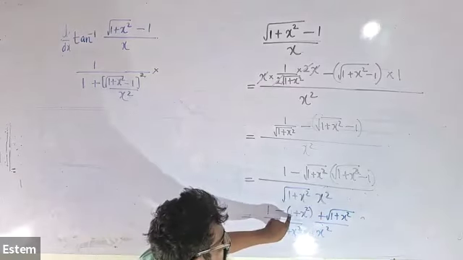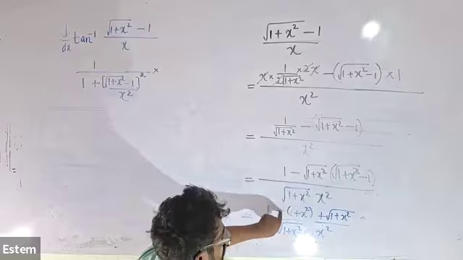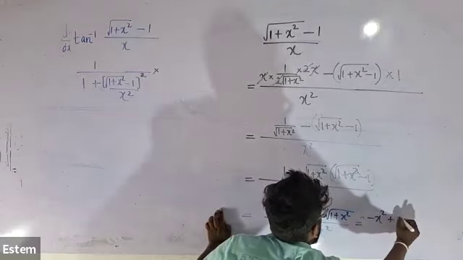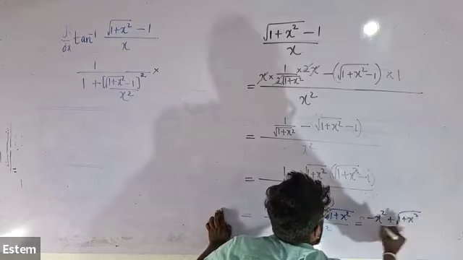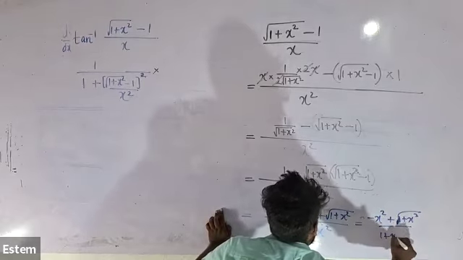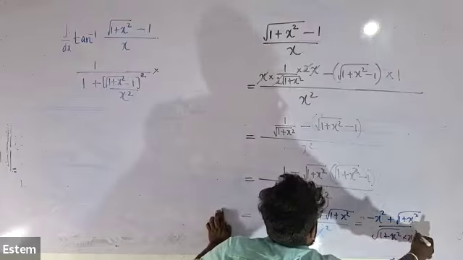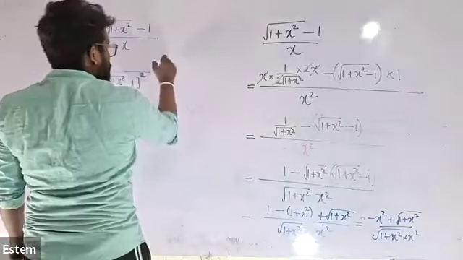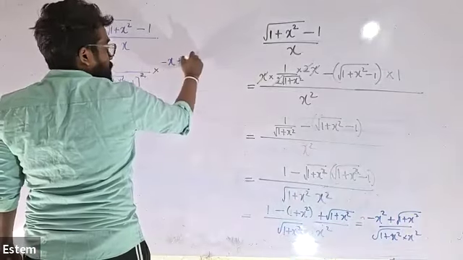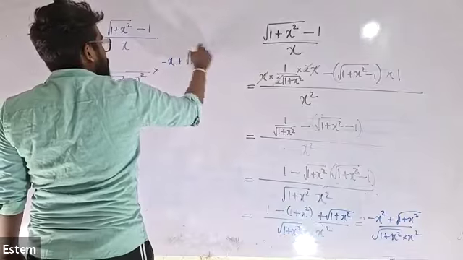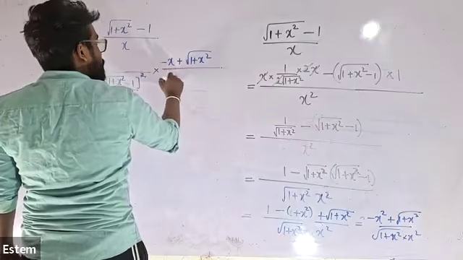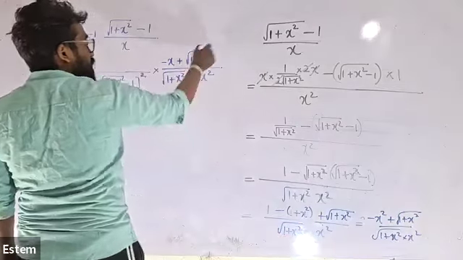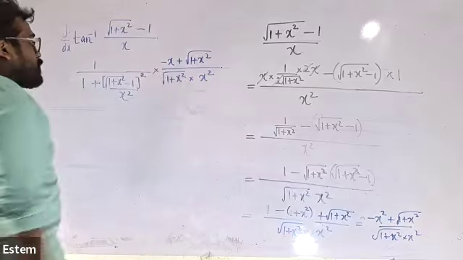So this one and this one are cut off, and this becomes minus x squared. Minus x squared plus the square root of 1 plus x squared, over the square root of 1 plus x squared into x squared. So that is the final thing, and we can keep that here. We can't cut off this and this because this is a positive.